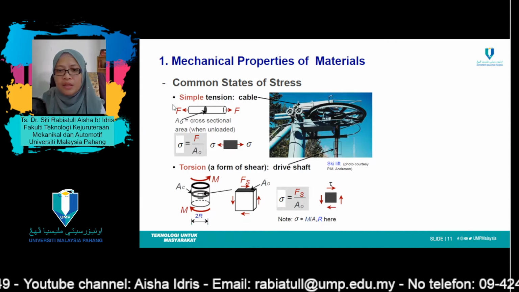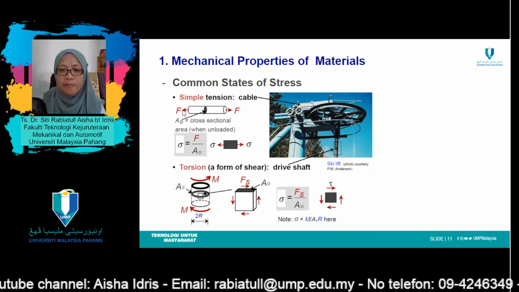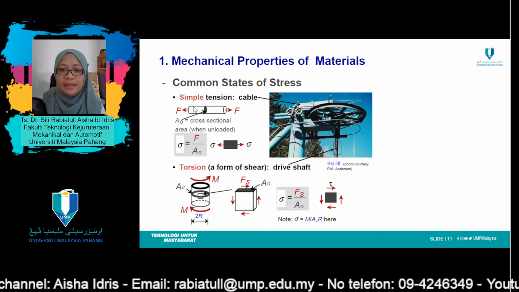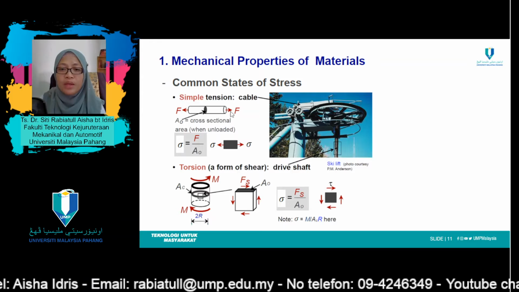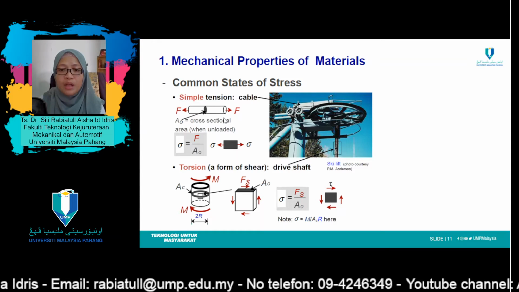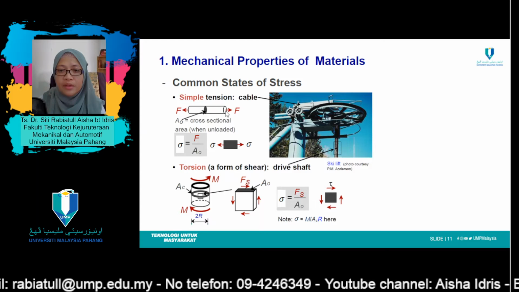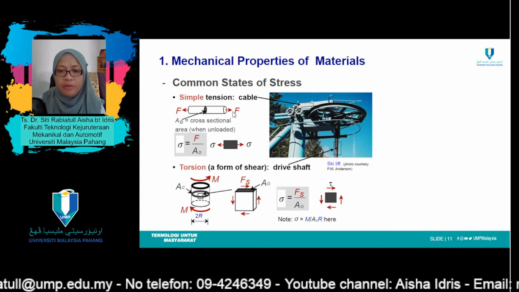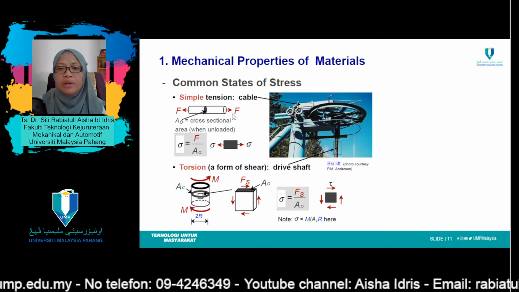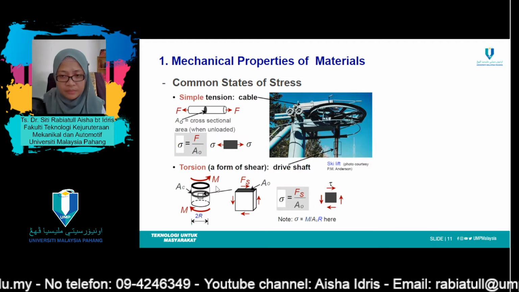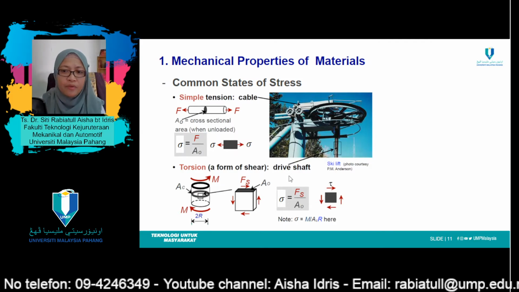There's this one, the free body diagram for the cable. In statics, you've learned how to find the value of forces reacting on a cable, either unidirectional forces or torsion, which is acting on this shaft in this case.